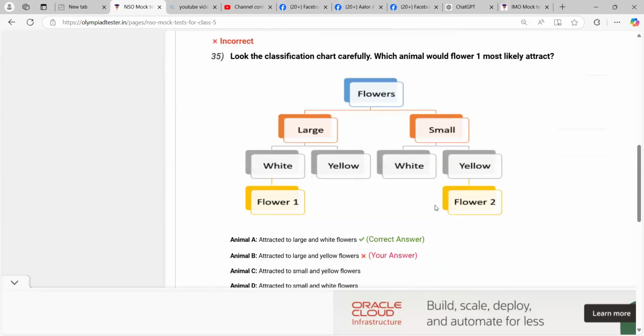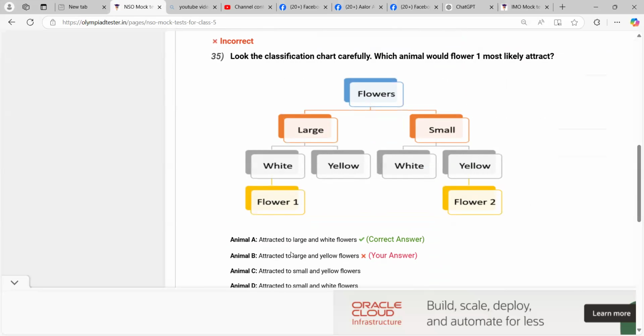Okay. Number 35. Look at the classification chart carefully. Which animal would flower one most likely attract? This is flower one. It is large, and white or yellow in color. And another flower is small. That is flower 2. It is white or yellow in color.